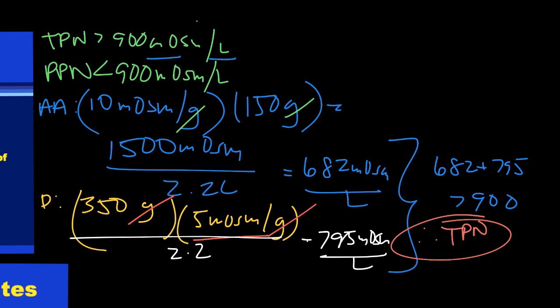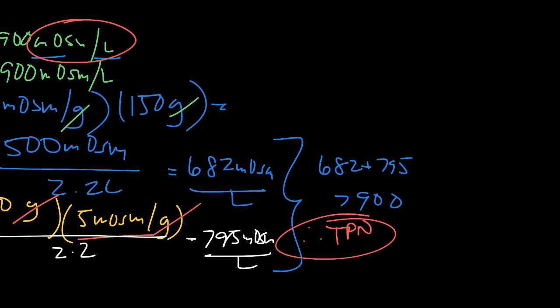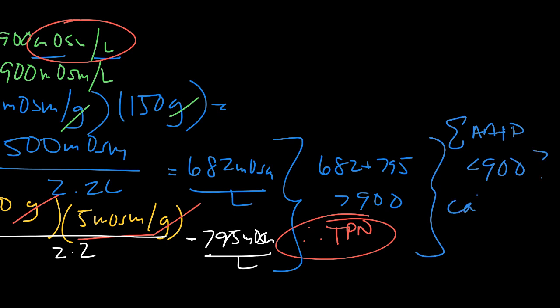Make sure you have the correct units. It's always milliosmoles per liter, not just milliosmoles, or not just liters. However, if the sum of amino acids plus dextrose was less than 900, then you calculate the sum of everything.